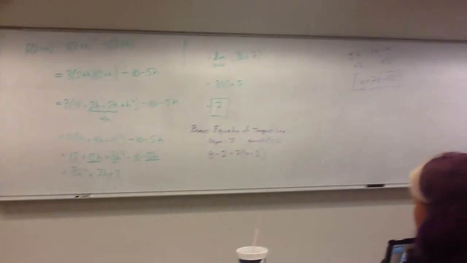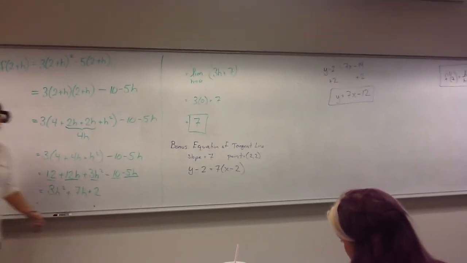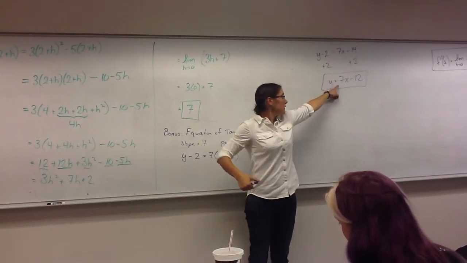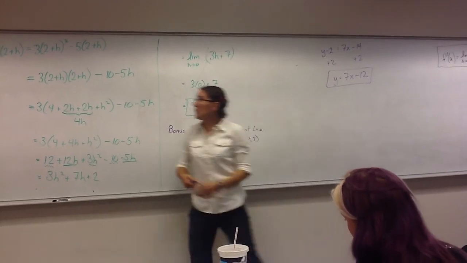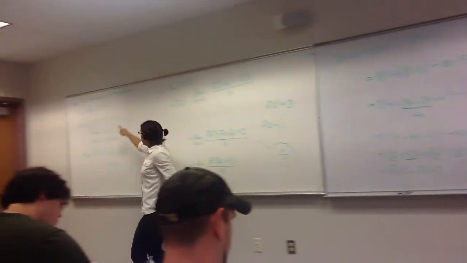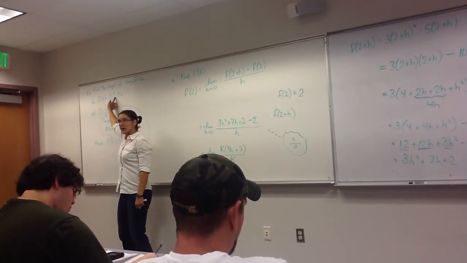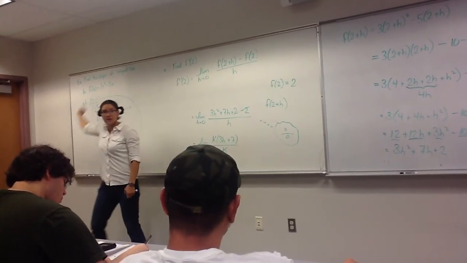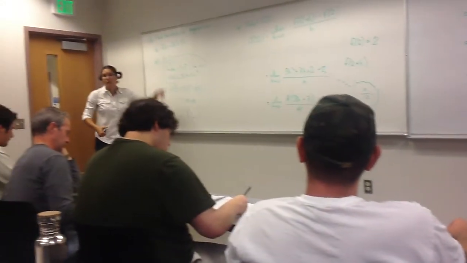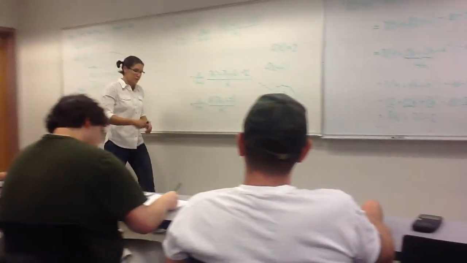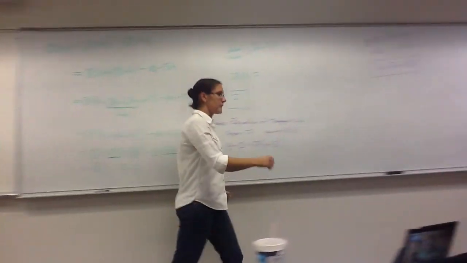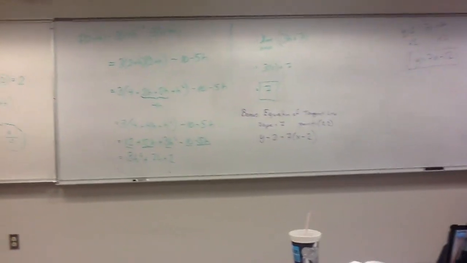Equation of our tangent line is y equals 7x minus 12. And so if you graph this line along with 3x squared minus 5x, you should see a curve and a straight line that just kisses this curve at (2, 2). Okay, are there any questions?